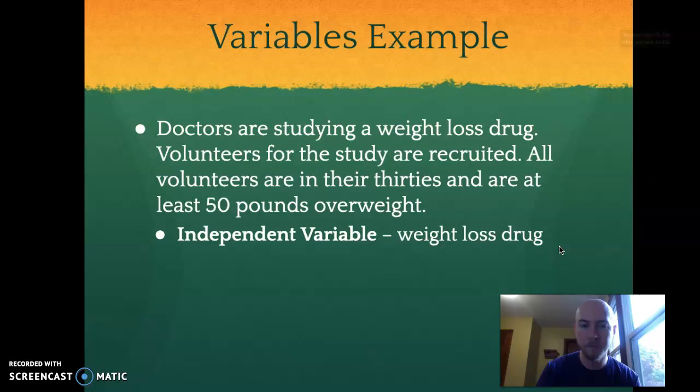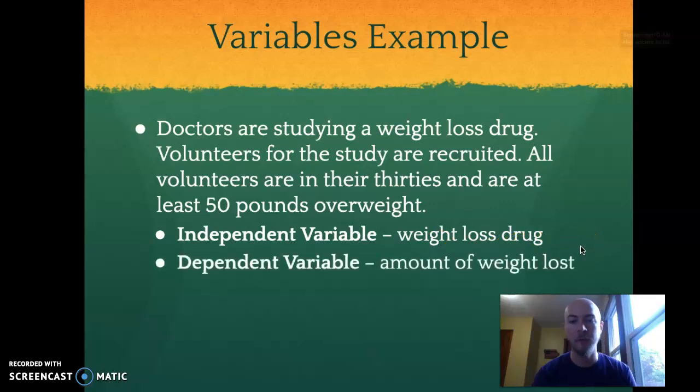So in this example, what is being measured? Well, with weight loss drug, we're going to measure how much weight they lose. All right, do you see that correlation? How if we're testing the weight loss drug to determine if our experiment is successful or not, we have to collect some sort of piece of evidence, and that's going to be the amount of weight loss.